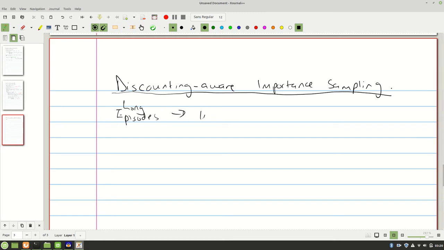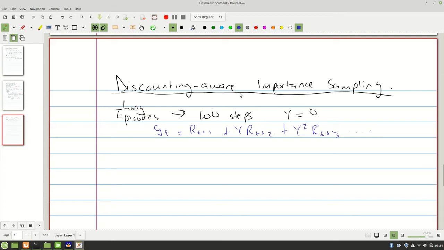So we have long episodes that last, say, 100 steps, and we have our gamma set at 0. If you remember, we define our return G_t to be equal to R_{t+1} plus gamma R_{t+2} plus gamma squared R_{t+3} and so on.